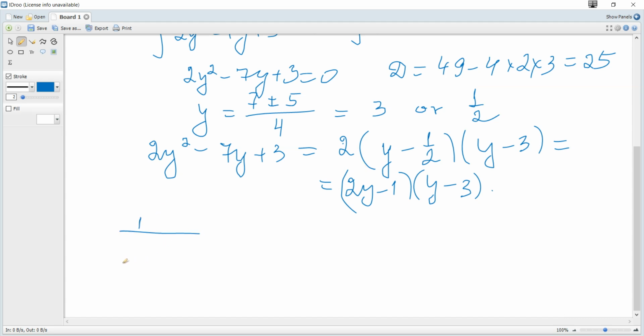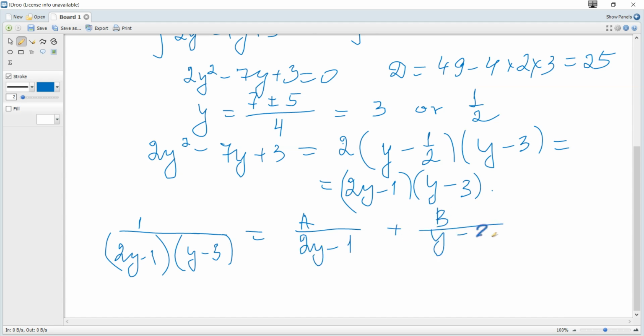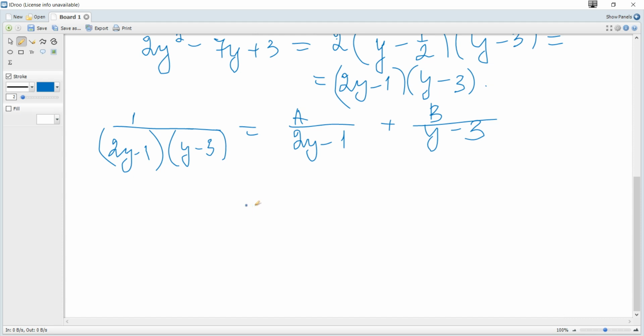Then the left hand side can be represented as a over 2y minus 1 plus b over y minus 3. Then we do again a common denominator on the right hand side, and it becomes a times y minus 3 plus b times 2y minus 1, so it must be equal to 1, since denominators are equal, hence numerators also must be equal.